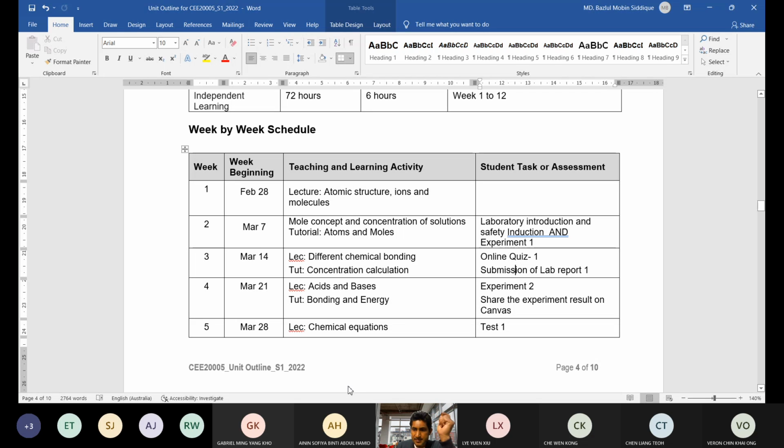But bear in mind, please, that you cannot have the same group as for the lab. Your lab group and your assignment group should be different. All right. By week 8, the assignment is to be submitted.